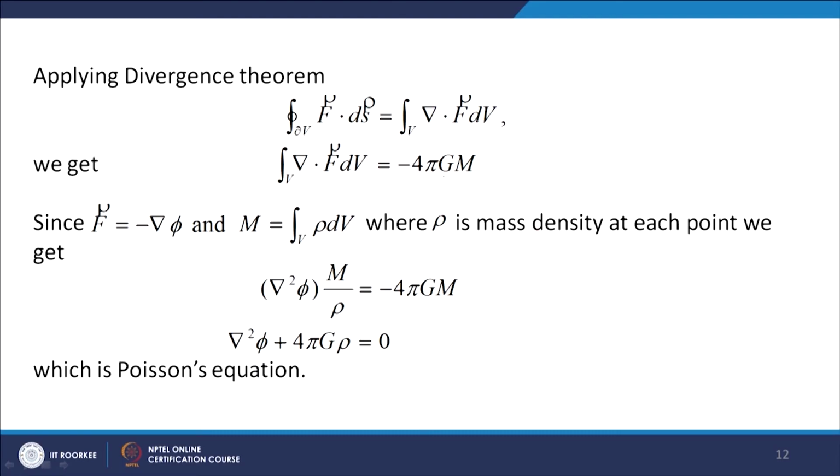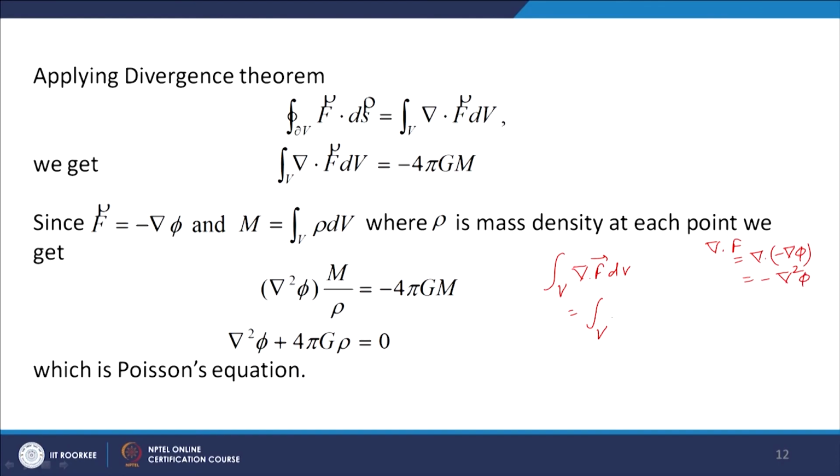We can see here this is the integral over B of del dot F dV, where del dot F is equal to minus del square phi, since del dot F equals del dot minus del phi. So, what we get? Minus del square phi.